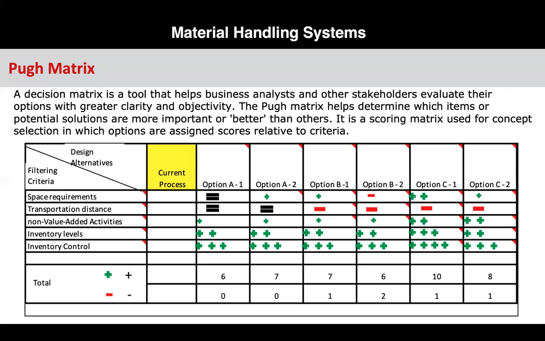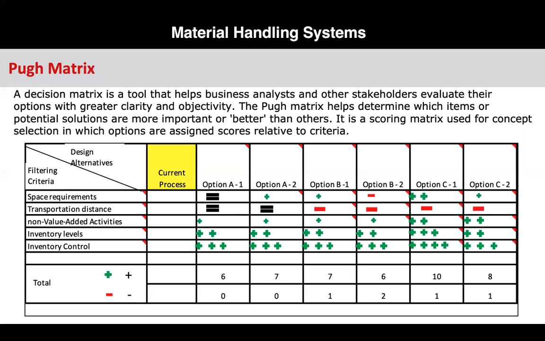At the bottom here, you see option C1 has 10 pluses and 1 negative. Option A2 has 7 pluses and 0 negatives. So part of the rule of thumb for a Pugh matrix is that you don't want any negatives.